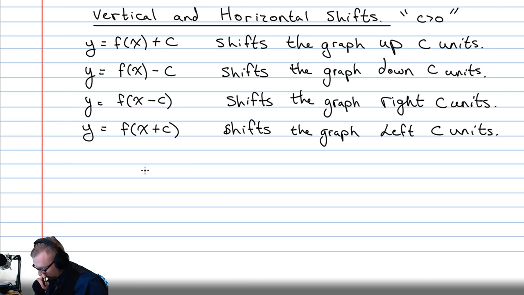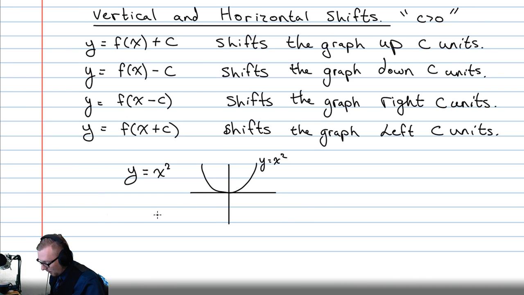So let me show you some examples of that. Y equals x squared, the regular function, looks like a U. If we add a number to it, let's say 1, what does it do to the graph? It will go upwards 1.